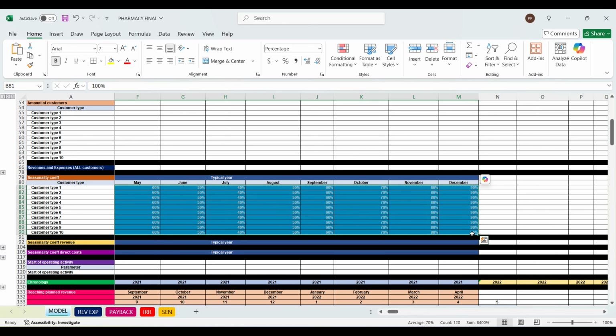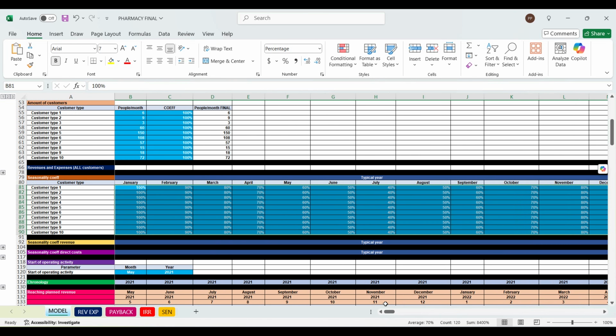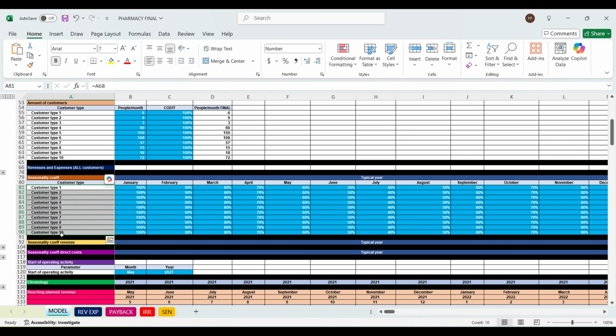This seasonality will also affect the cash flow statement, and this is very important because lots of businesses always have some seasonality. Plus, some types of customers may have seasonality, other types may not, and all types of customers may have different types of seasonality.